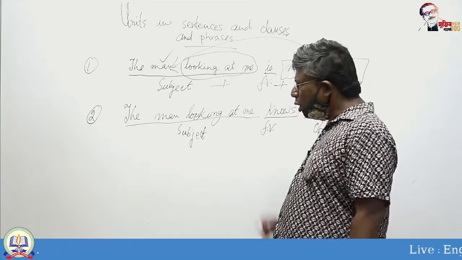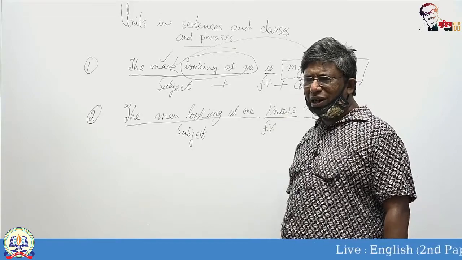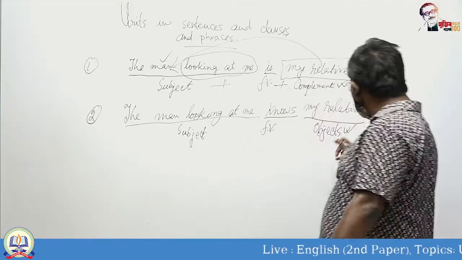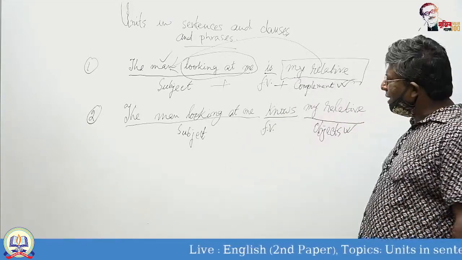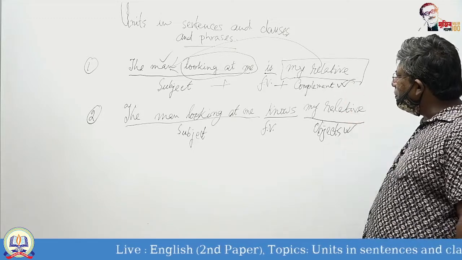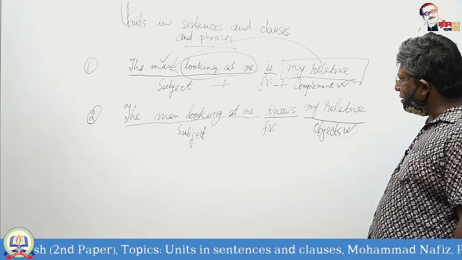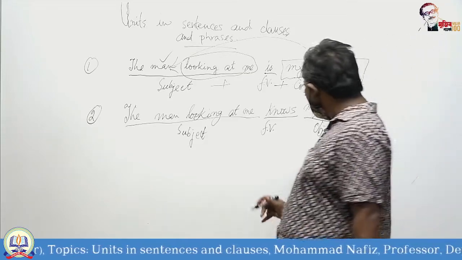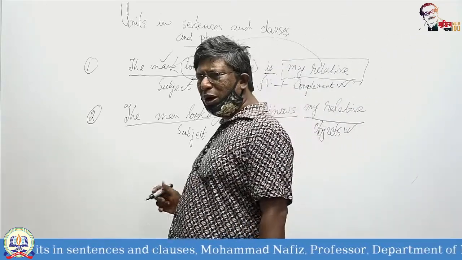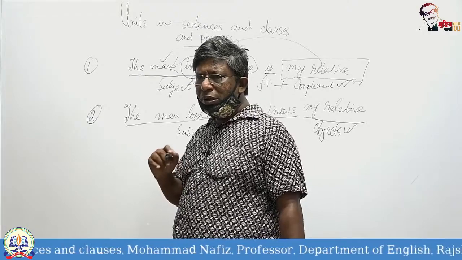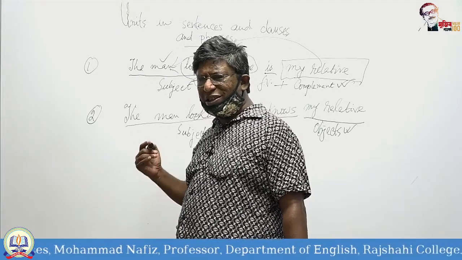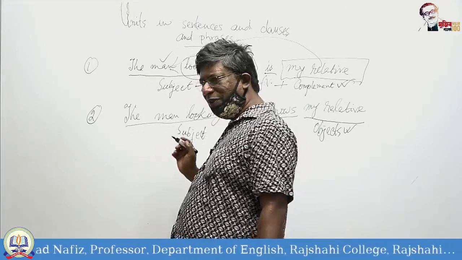Thus, object is a different item and hence object makes a unit in a sentence. Besides complement and object, we have a number of other units in the sentence that follow the finite verbs.